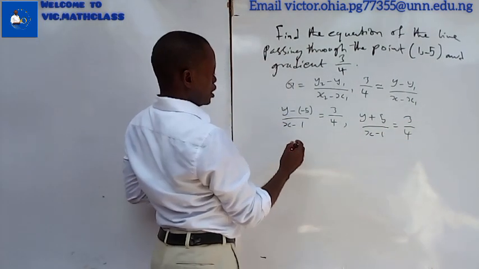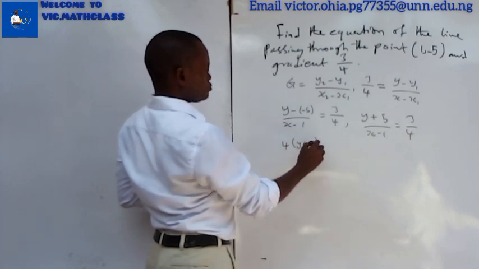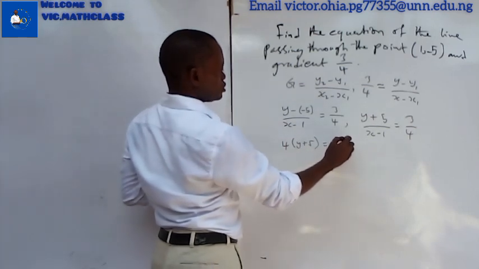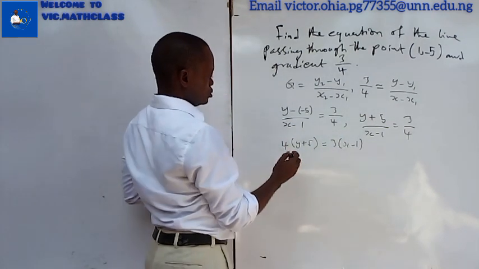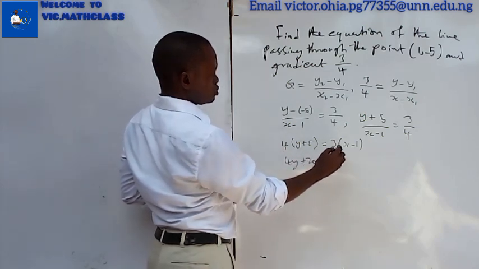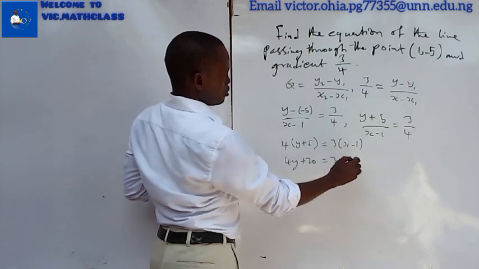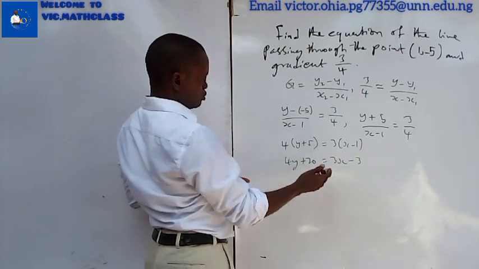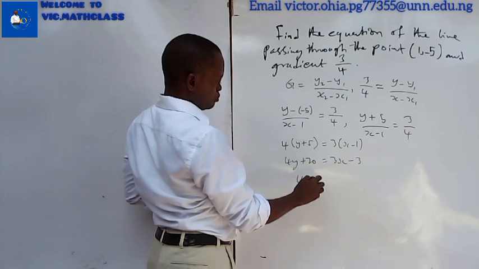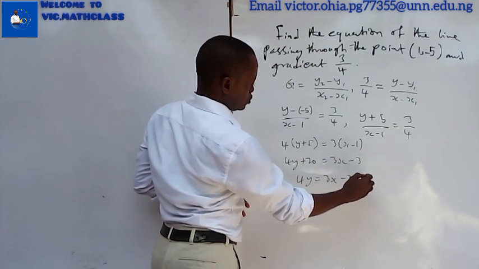We can cross multiply and have 4 bracket y plus 5 equals to 3 bracket x minus 1. So we have 4y plus 20 equals to 3x minus 3. So I can rearrange them as 4y equals to 3x minus 3 minus 20.